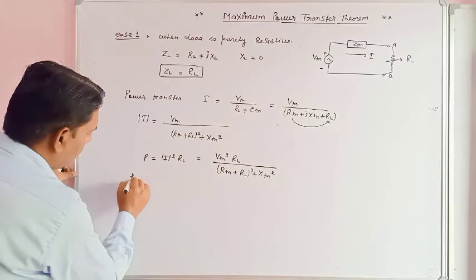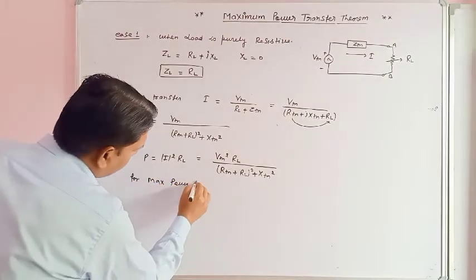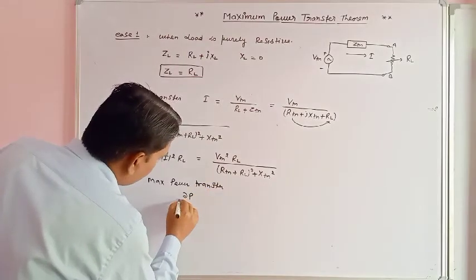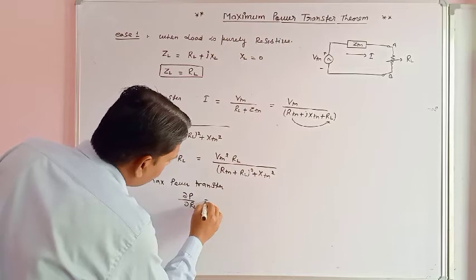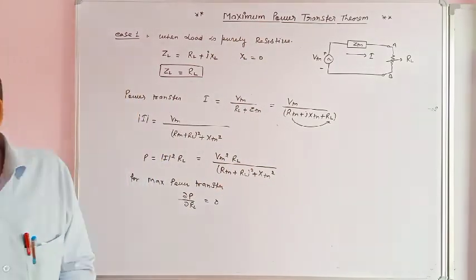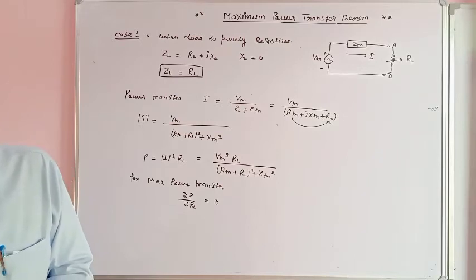For maximum power transfer, the partial derivative of power with respect to RL should be equal to 0. You can differentiate it easily. After differentiating, you will get a condition.